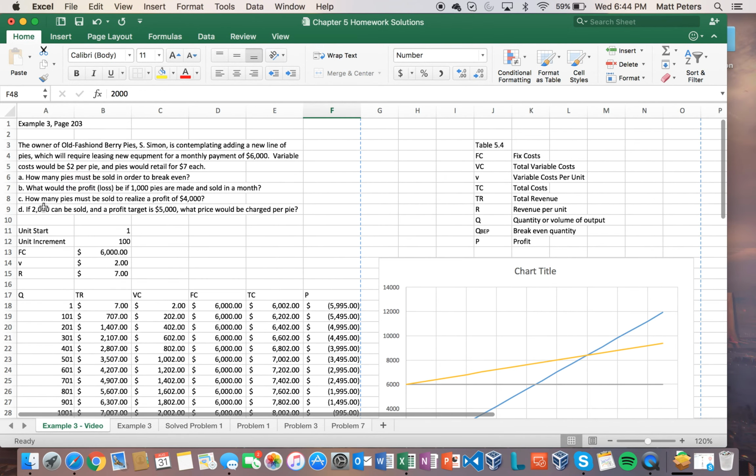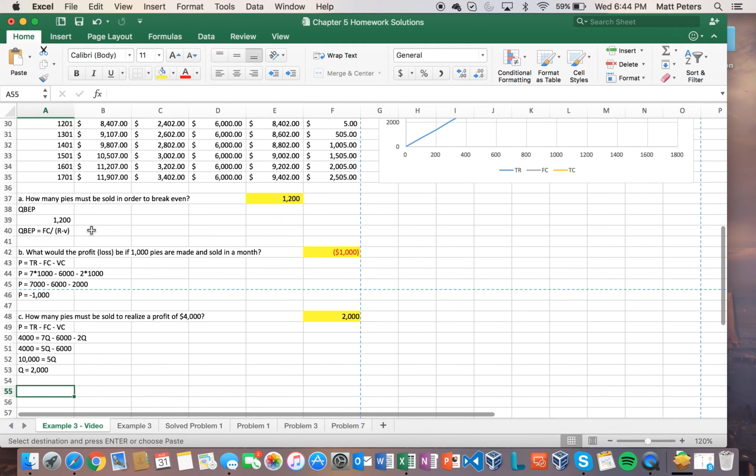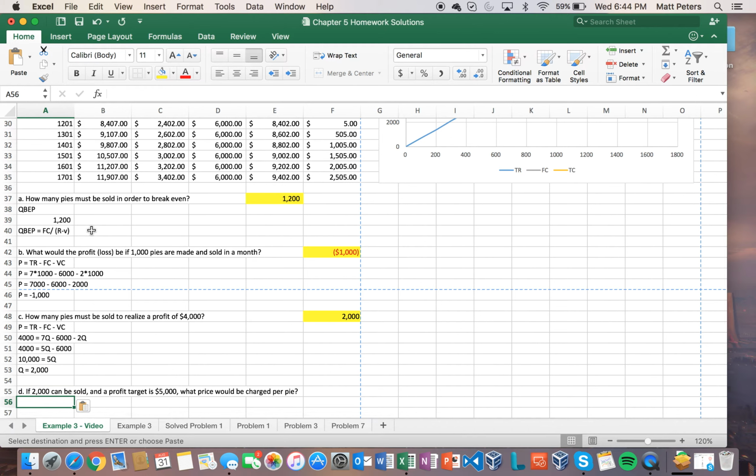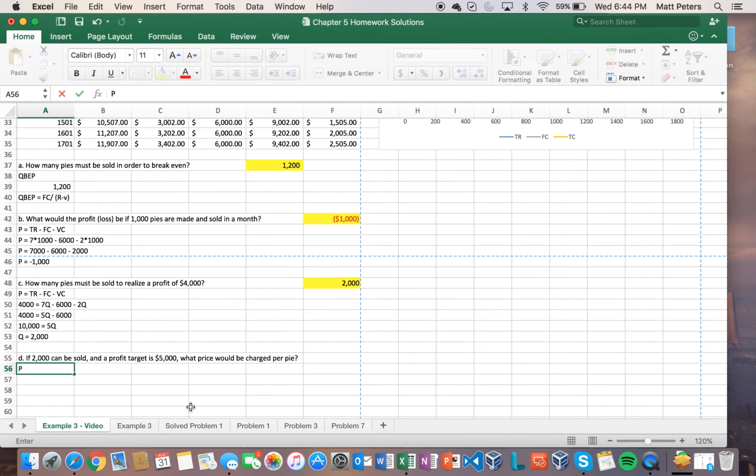And finally, our last question is, if 2,000 can be sold and a profit target is 5,000, what would the charge per pie be? Okay, so we want our same formula. Profit equals total revenue minus fixed costs minus variable costs.